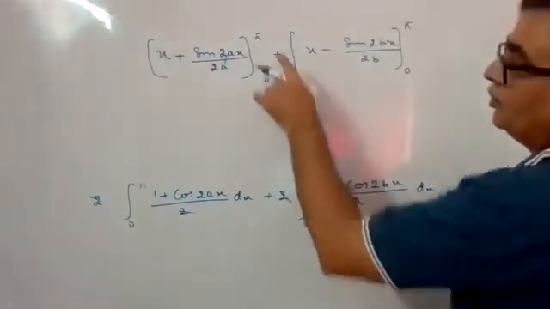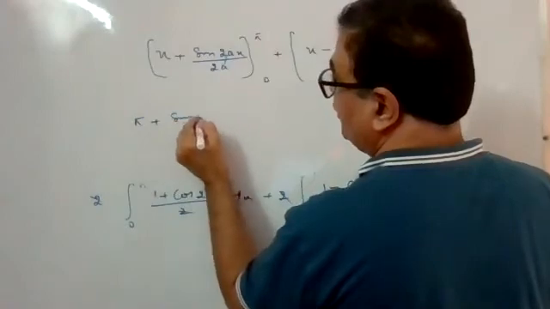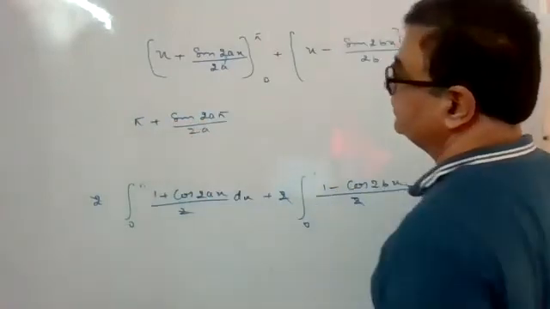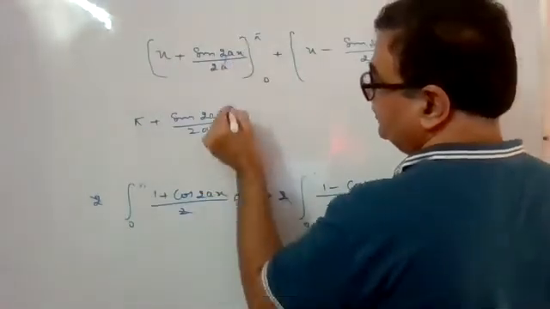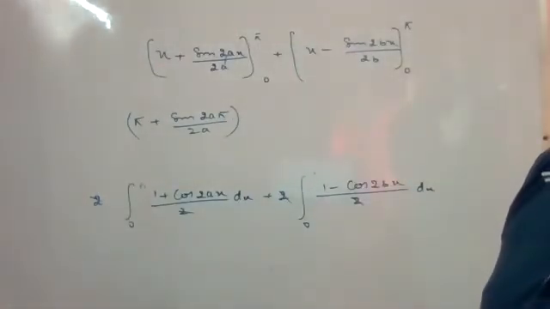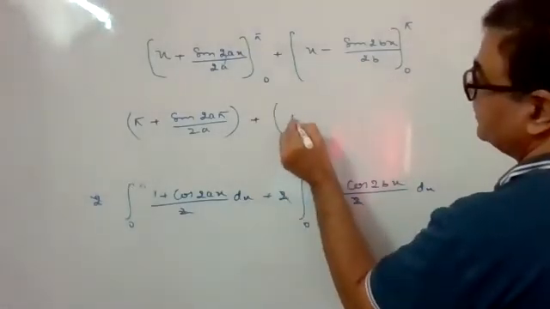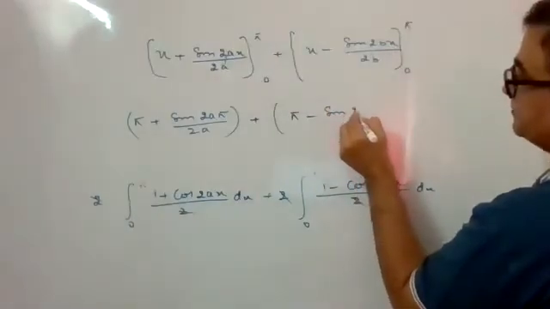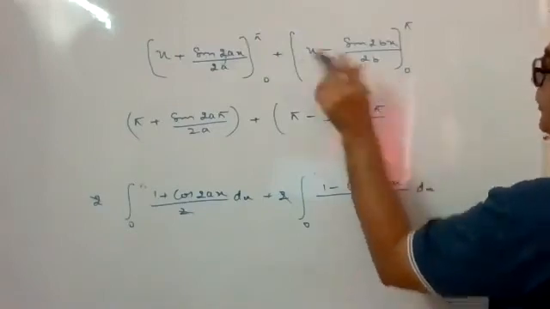And now when you put pi, we will write pi plus sine of 2a pi by 2a. And when you put 0, it's 0, and sine 0 is also 0. So this is the first part. Second part is plus pi minus sine 2b pi divided by 2b, and at 0 both become 0.